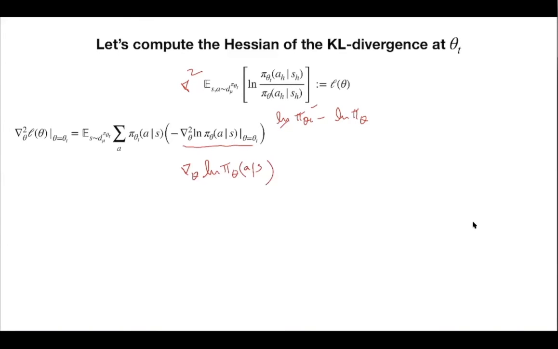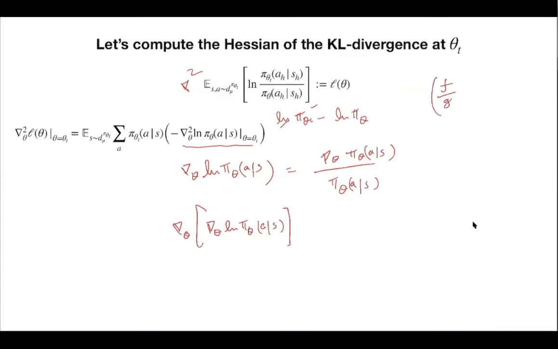The first gradient is the gradient of pi theta A given S over pi theta A given S. I'm just applying the chain rule here. On top of it, I'm going to take another gradient with respect to theta.